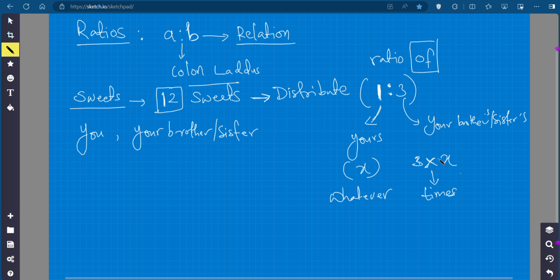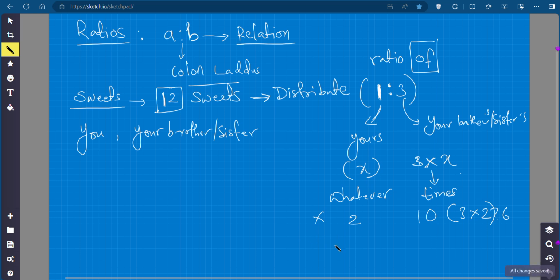Well, you can't use your fingers and start counting. Okay, let's divide 12, and if I take 2, then your sister or brother is getting 10. But 10 is not 3 times of 2. No. So this distribution is wrong.